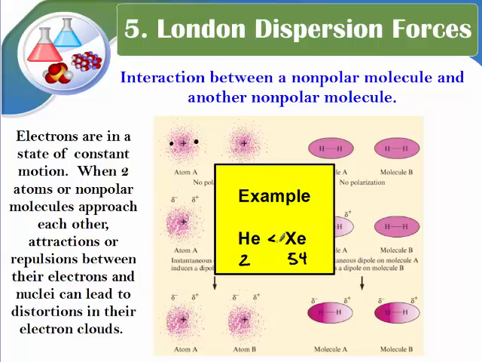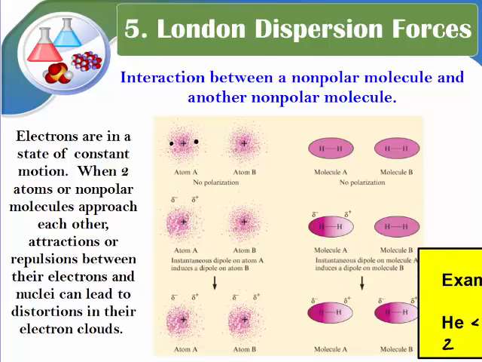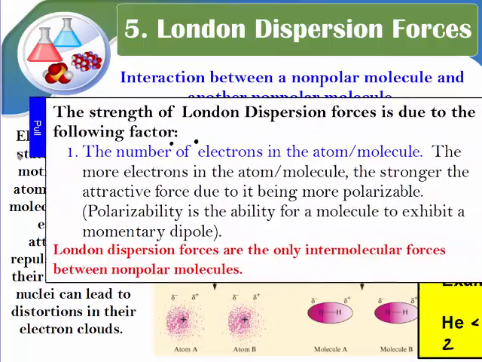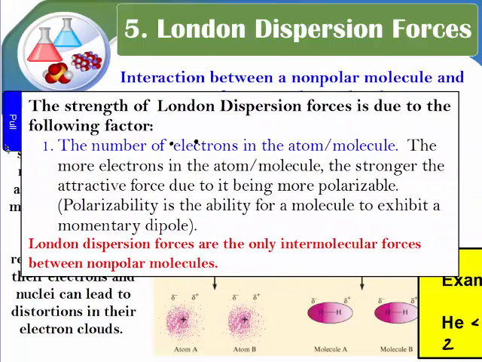So xenon has a greater London dispersion force than helium, because there's only one factor that determines strength for London, and that's number of electrons. The more electrons in an atom or molecule, the greater its ability to exhibit a momentary dipole or become polarizable.